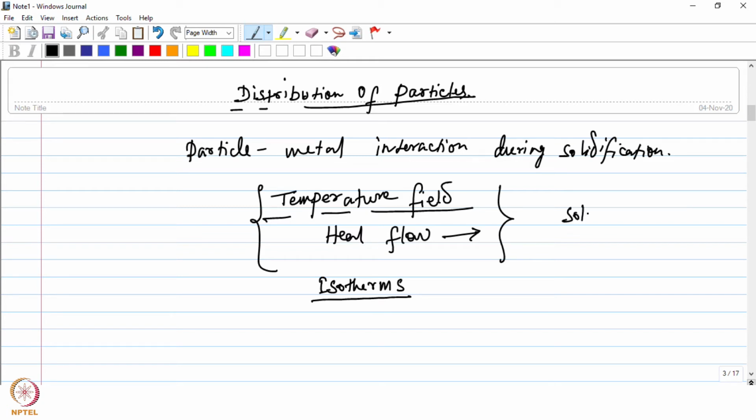So you will have a solidification front which grows around the liquid. And how this solidification front interacts with the particles will decide their distribution. Okay. So if the particles are pushed by this solidification front, then it will lead to clustering or agglomeration of particles.